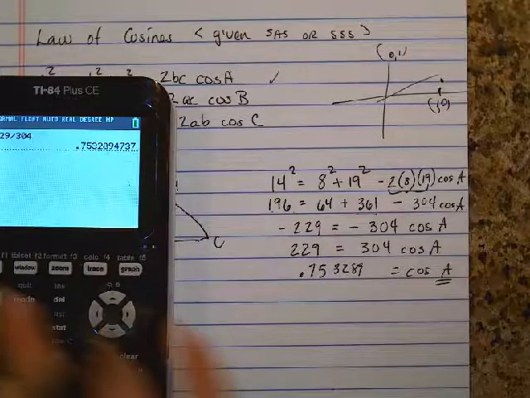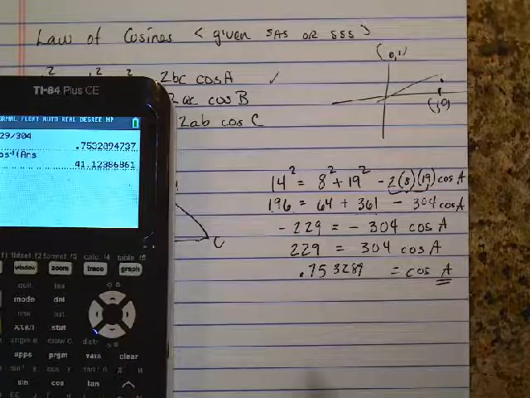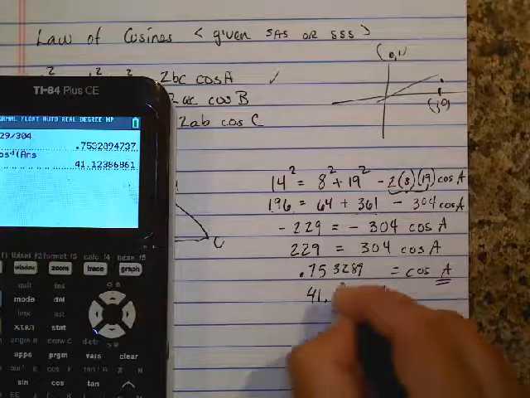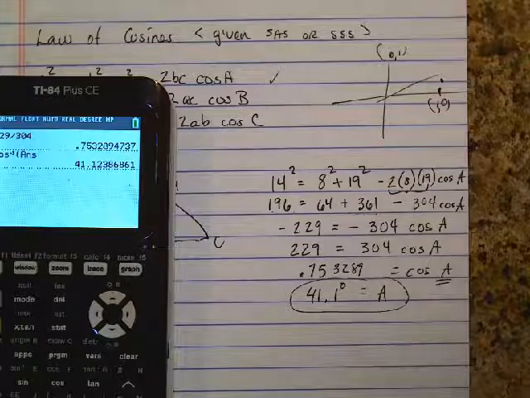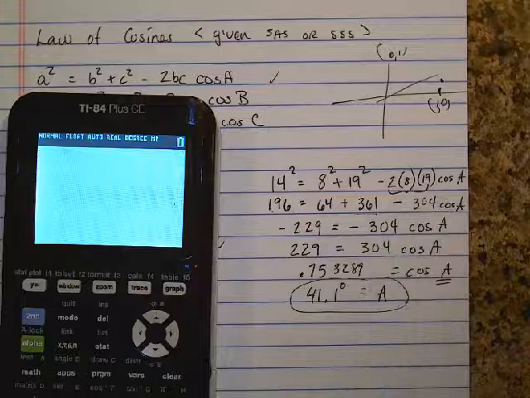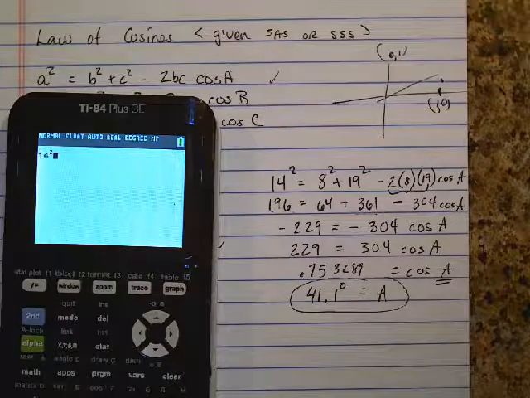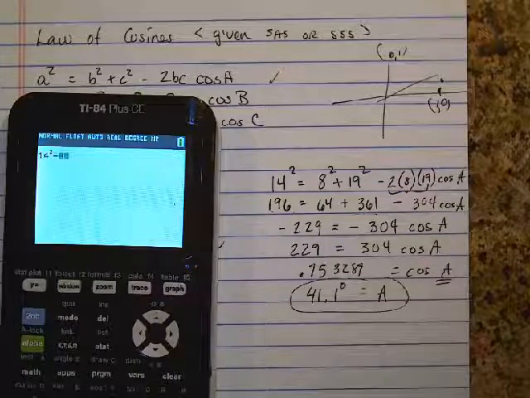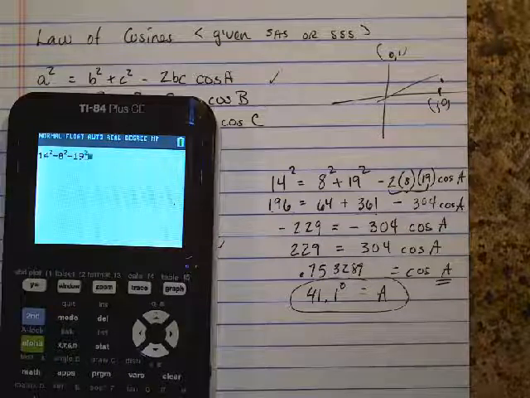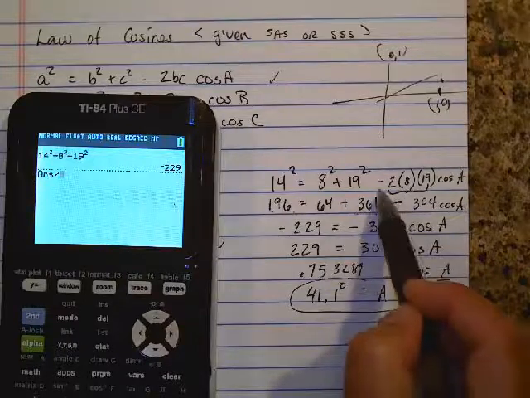I'm going to do second cosine of that number, so I'm going to do answer, and I get 41.1 degrees. Now, I could have done this whole thing in my calculator without writing all this down. I would do 14 squared, subtract 8 squared, subtract 19 squared, enter, divided by all of this.